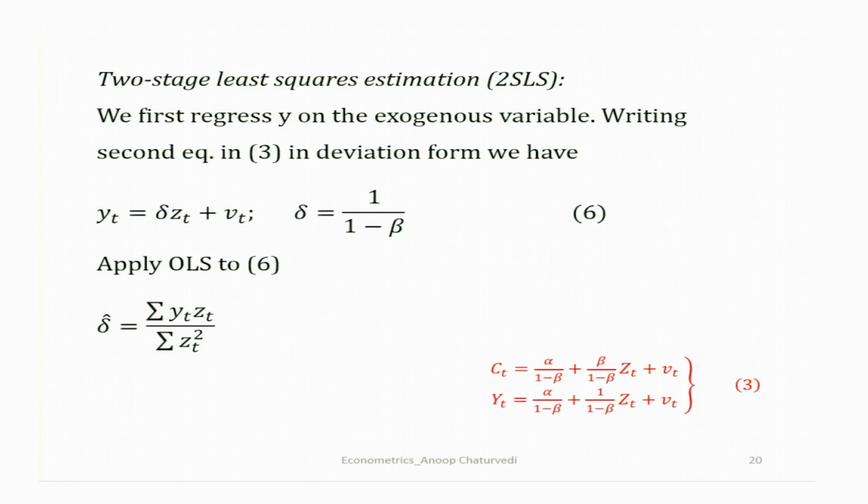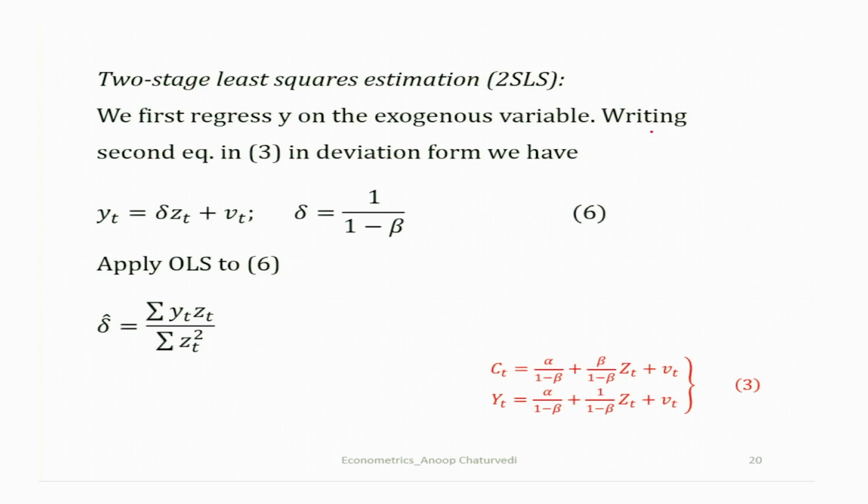Now, in the method of two-stage least squares, we first regress y on the exogenous variable. So, in the model you have the exogenous variable z apart from the intercept, and let us take the observations as deviation from mean.